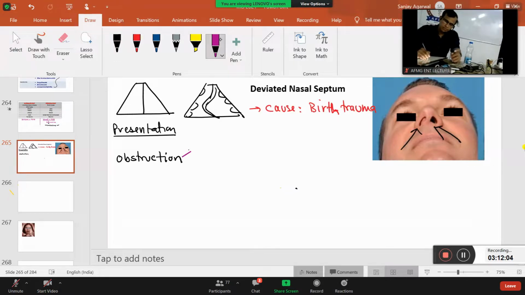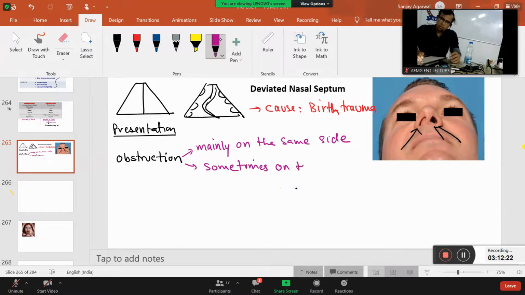So mainly on the same side, which is understood. But sometimes on the opposite side also. Mainly on the same side, but sometimes on the opposite side also. And the question comes: on the opposite side, where there is more space, why will there be blockage?